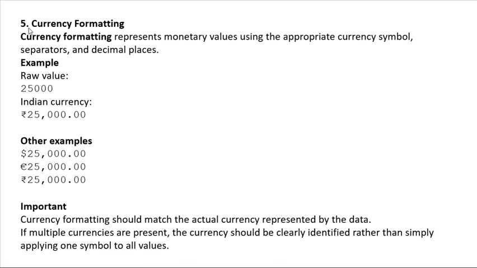And fifth is currency formatting. Currency formatting represents monetary values using the appropriate currency symbols, separators and decimal places. For example, a raw value like 25,000 in Indian currency is shown with the rupee symbol as 25,000.00. Another example is the USA, with a dollar sign and 25,000.00, and for Europe the euro sign and 25,000.00.